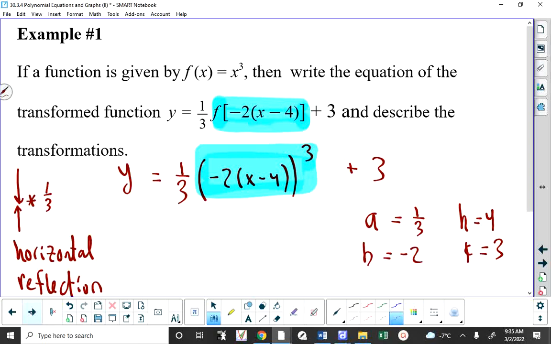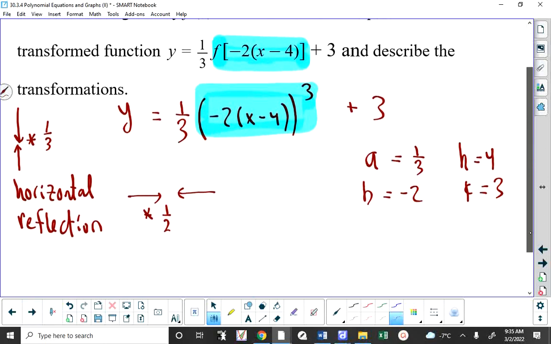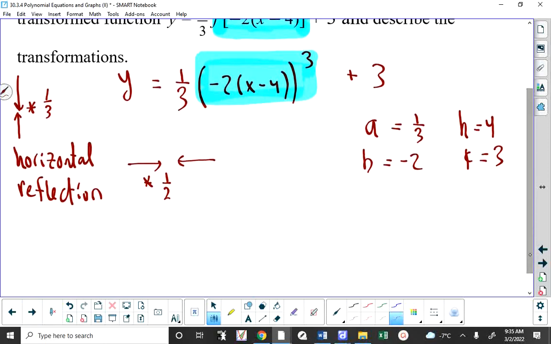We also have a horizontal stretch by a factor of 1/2, because the horizontal stretch factor is always the reciprocal of the absolute value of B. And then we shift it 4 units to the right and 3 units up. And again, all of that would be put into words if you had some kind of a written response.